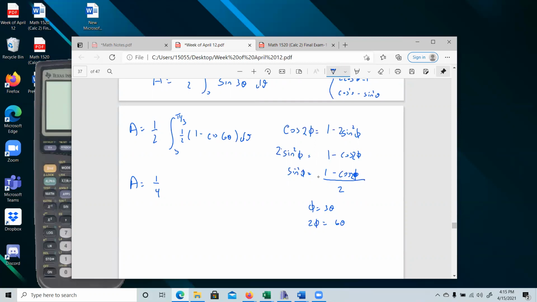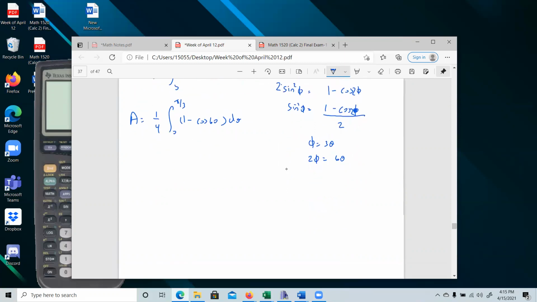All right. And then I guess we'll just write this down for the sake of pondering an integral here. All right. So my A is equal to 1/4. The integral of 1, right? That's theta. Okay. Minus. So derivative of sine is cosine. Does it stand to reason that the integral of cosine would be sine? Sine of 6 theta over 6.